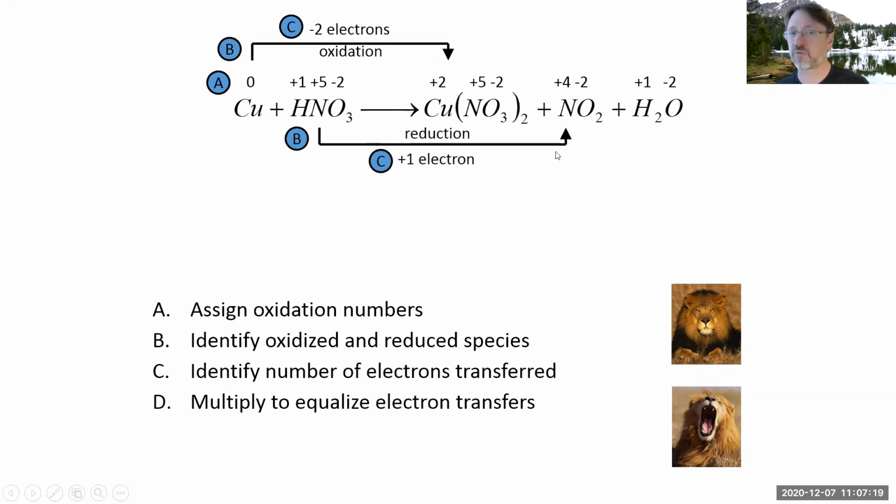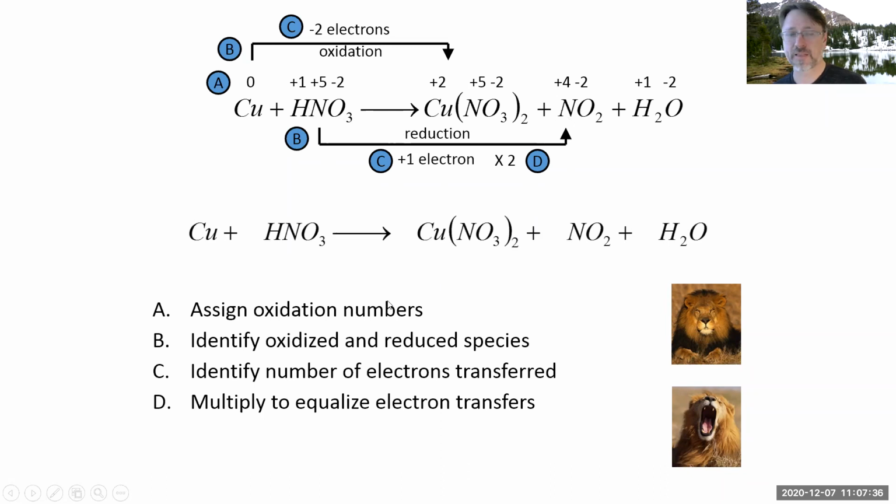We have to have 2 reductions for every 1 oxidation because it's 2 electrons to 1 electron. So we multiply this part by 2, meaning that we double the amount of HNO3 and we double the amount of NO2. So we put 2's in front of those.